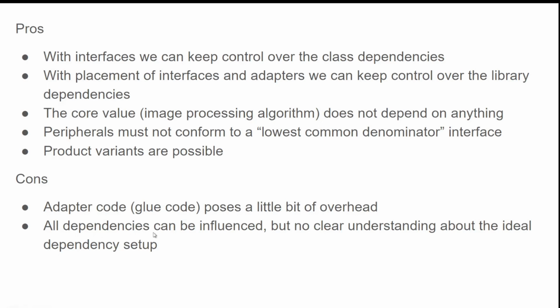Now we have full control over dependencies. Since the dependency injection, we got control over the interface and class dependencies. And now with the dependency inversion, we also got control over the library dependencies.